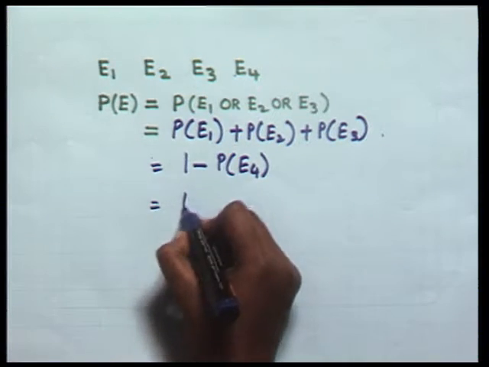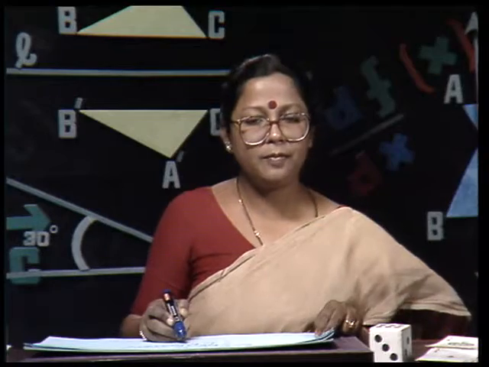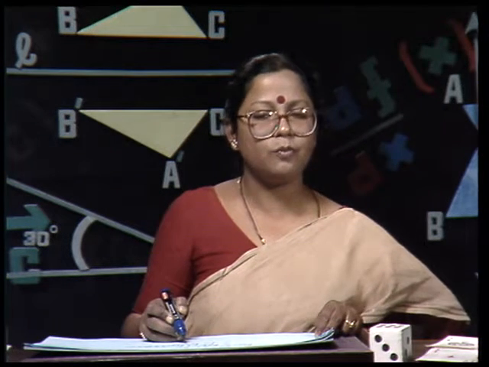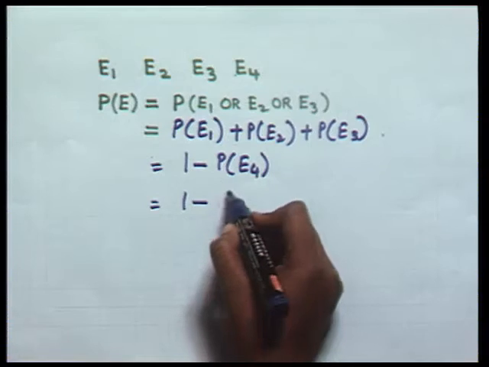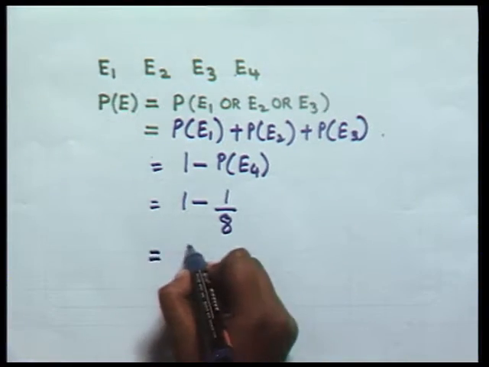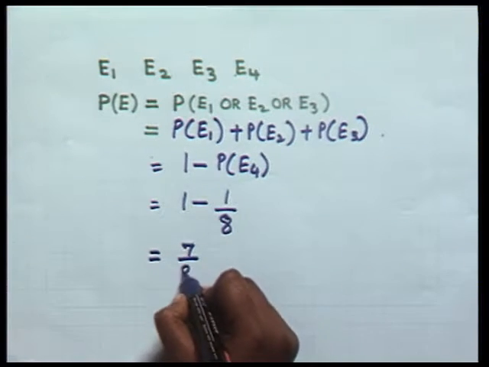This is equal to 1 minus, we know that probability of E4, that is getting no head, is 1 upon 8. So, 1 minus 1 upon 8, this is equal to 7 upon 8.